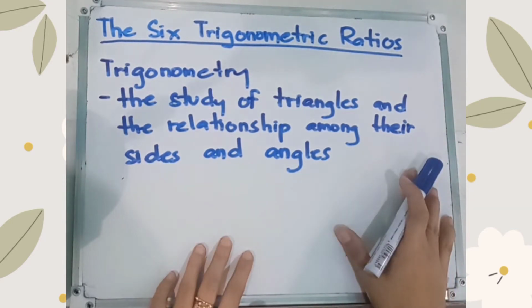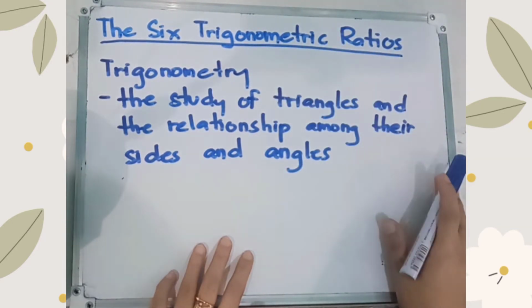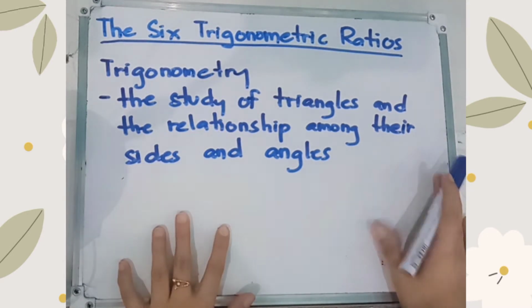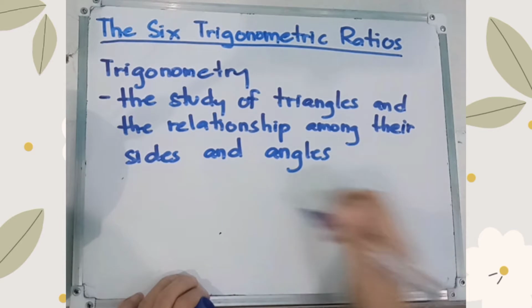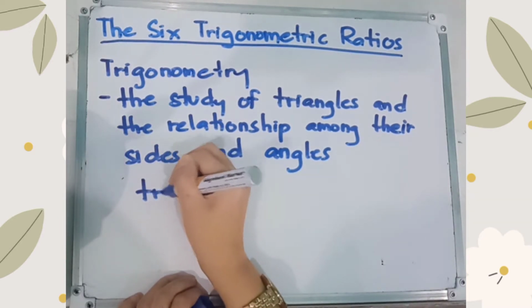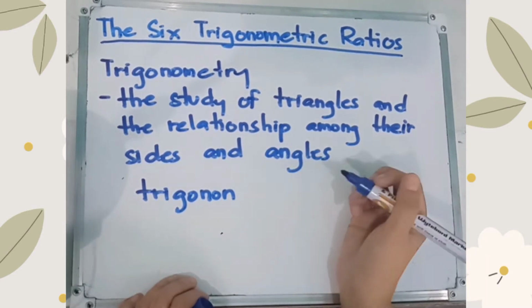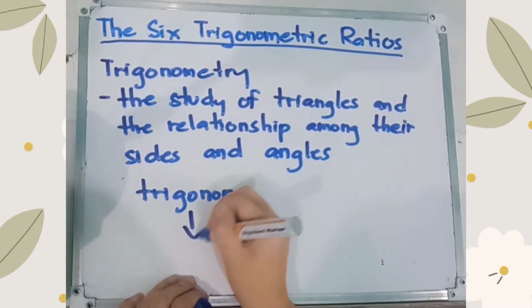If we break down the word trigonometry, it actually comes from two Greek words. The first one is trigonon, which means triangle.